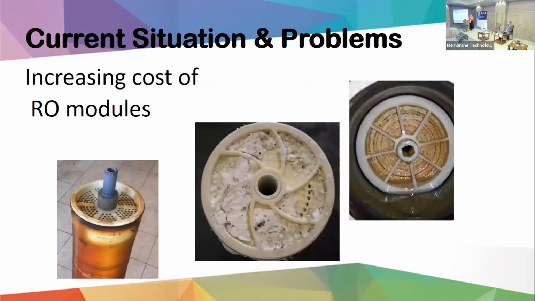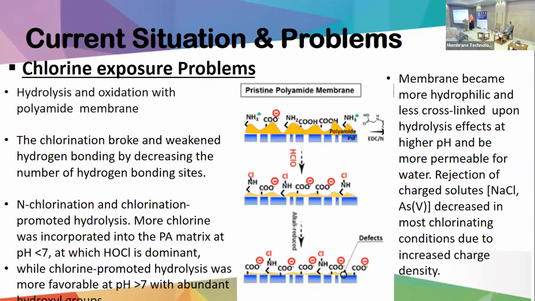Here you see the link between fouling and chlorine exposure. The presence of chlorine with the polyamide causes deterioration of the amine group. Some reactions and hydrolysis occur over the polyamide surface, which cause its destruction.